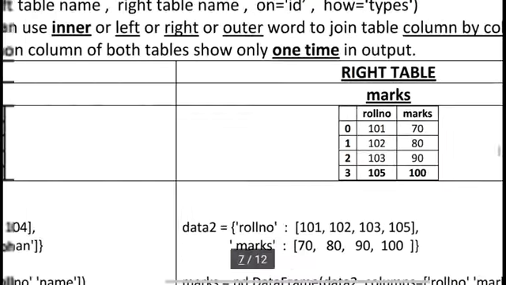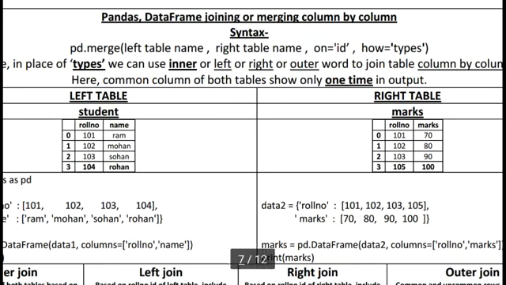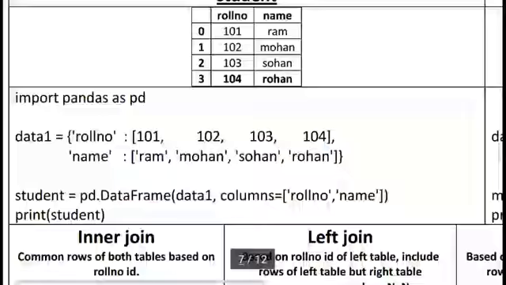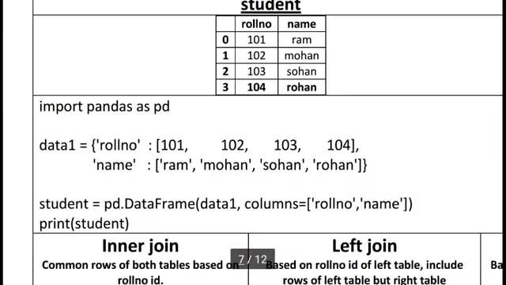Okay, so I want to merge the student table and marks table on the basis of roll number, because roll number is our id.